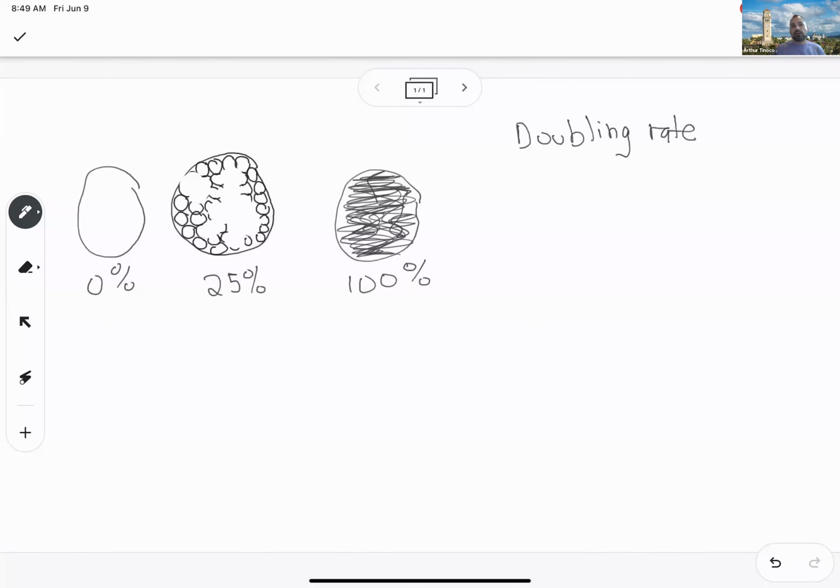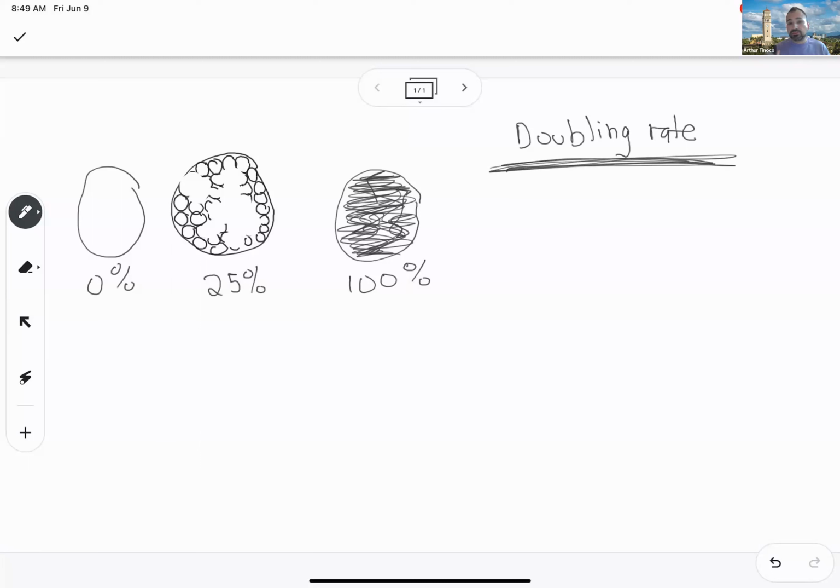It tells you how often the cells will duplicate. So let's say that you're at 25% confluency and you have a doubling rate of 1 day, right? That means that by the next day, you should be close to 50% confluency. It should be that consistent. That's what I mean by being aware of this doubling rate.